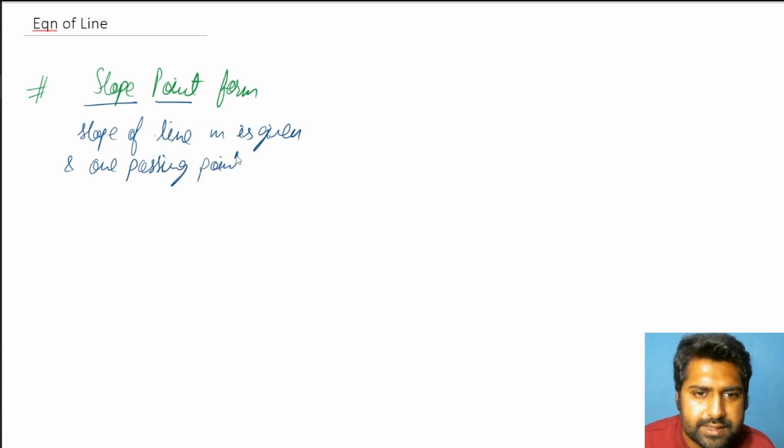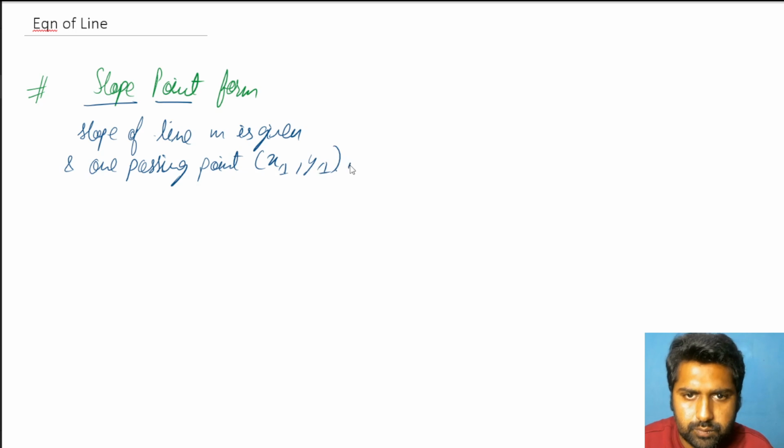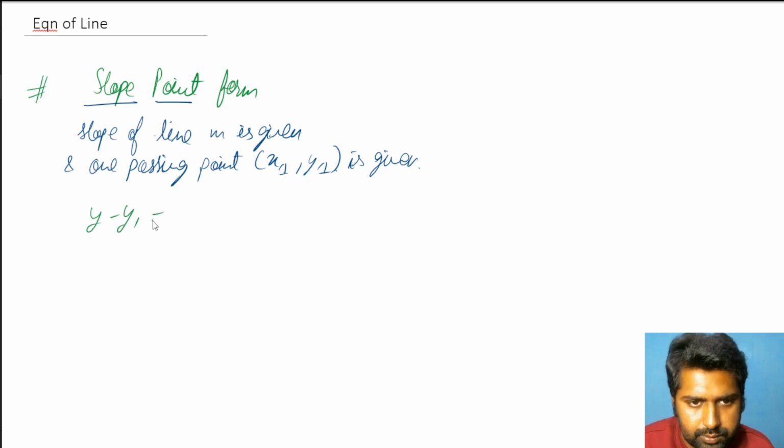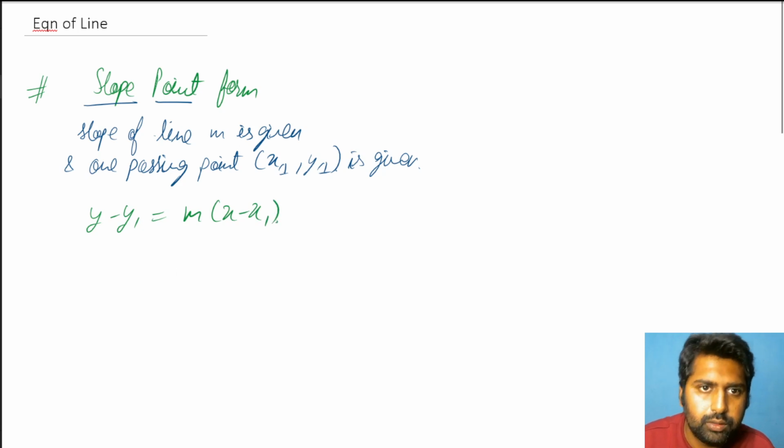For simplicity, let's call that point x1, y1, is given. So when you have slope, when you have one passing point, we'll use this form. Now the format is y minus y1 is equal to m times x minus x1. And the situation will look like this on the xy axis.